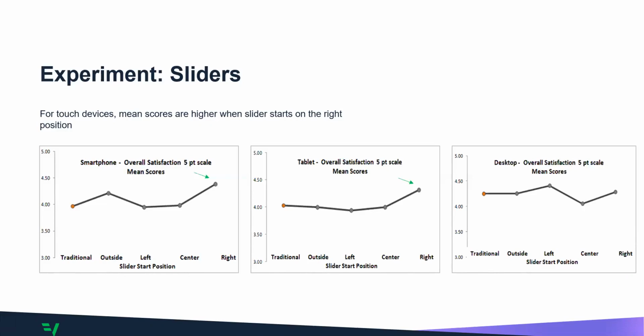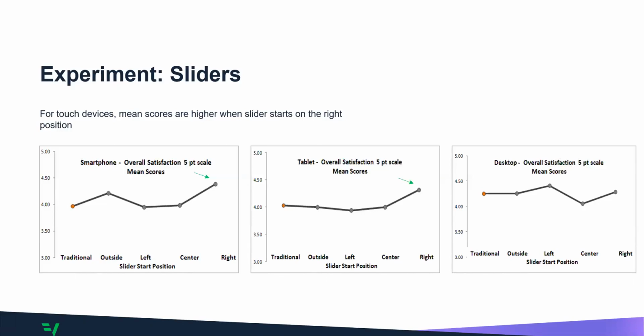And you don't see that right-leaning bias for desktop users. So what this reflects is a propensity among touch input users to give what we called passive responses, where people would just see the slider start position on the right side and leave it there.